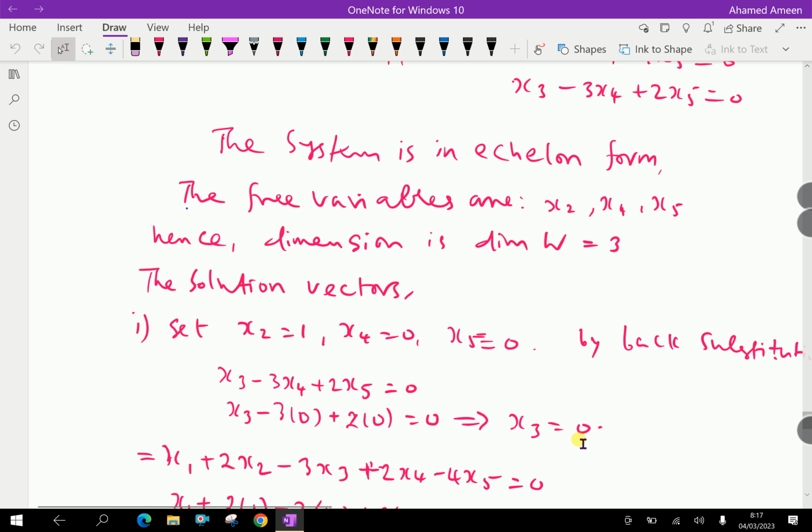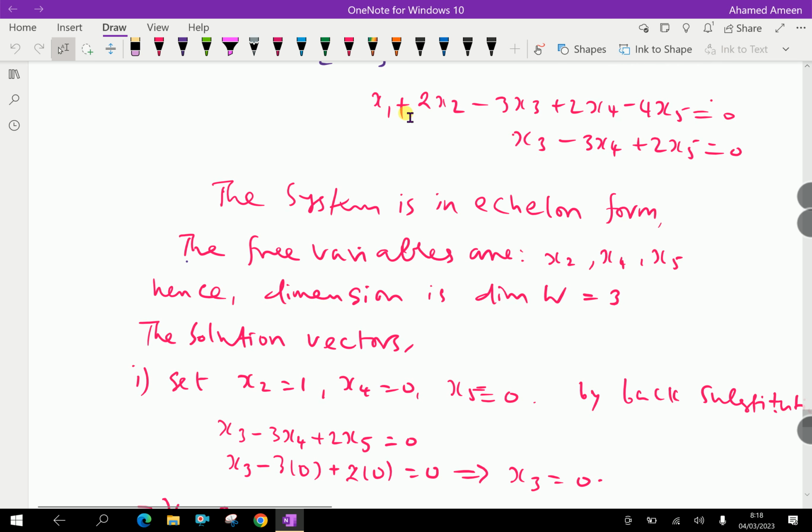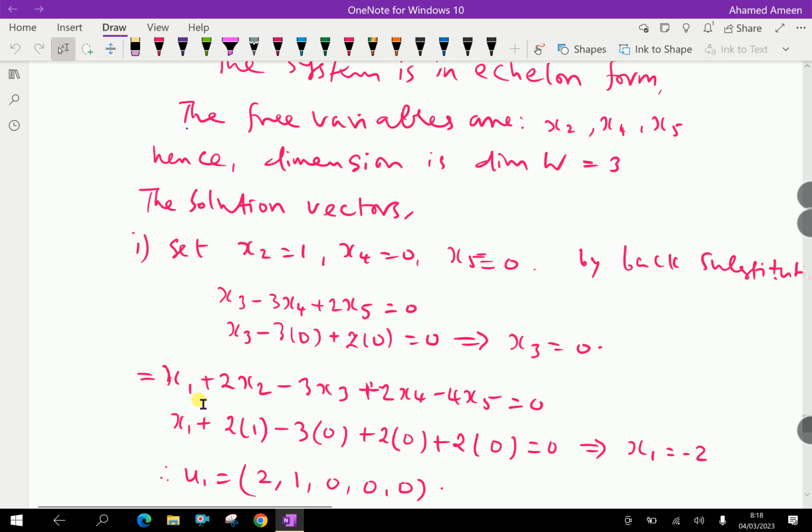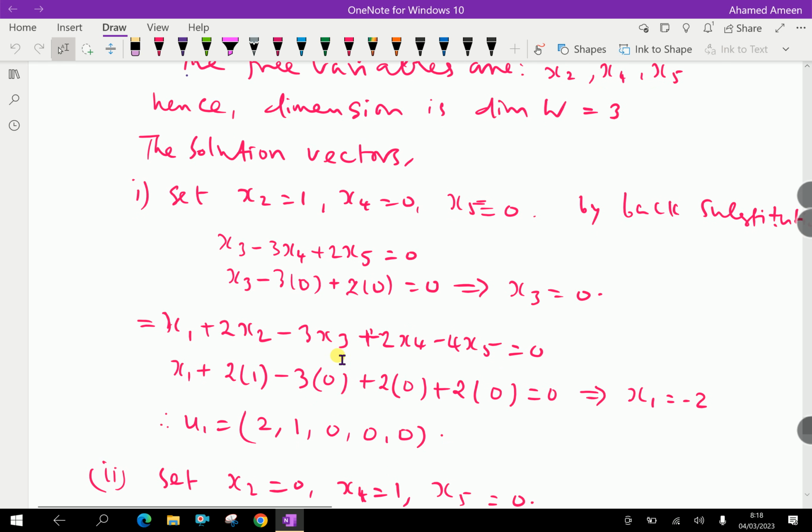With back substitution, x3 equals 0 and this set of values we substitute in the first equation: x1 plus 2x2 minus 3x3 plus 2x4 minus 4x5. Here x1 is as it is, 2 into x2 is 1, minus 3 into x3 is 0, 2 into x4 is 0, minus 4 into x5 is 0, which is equal to 0, therefore x1 is minus 2.